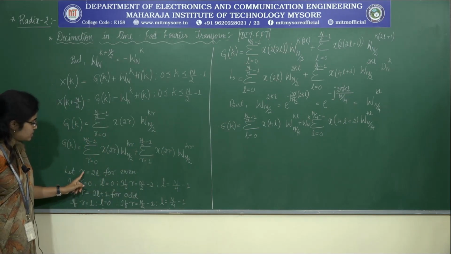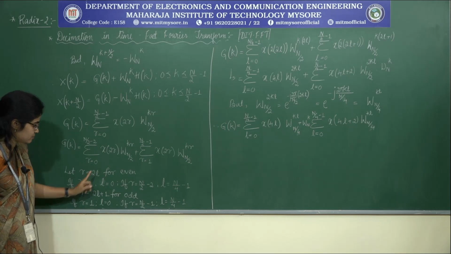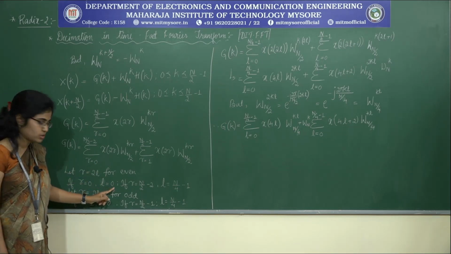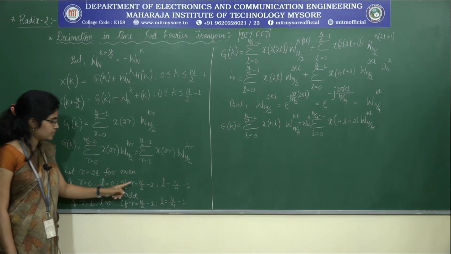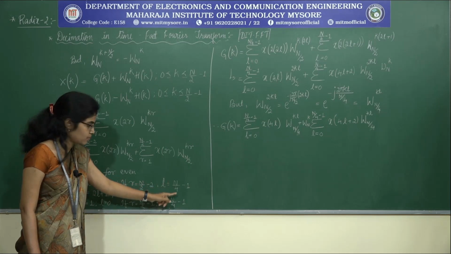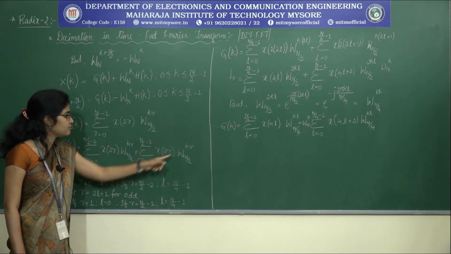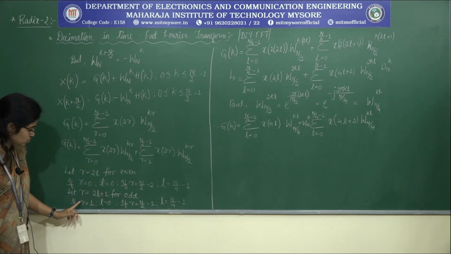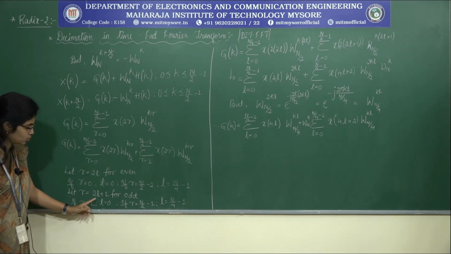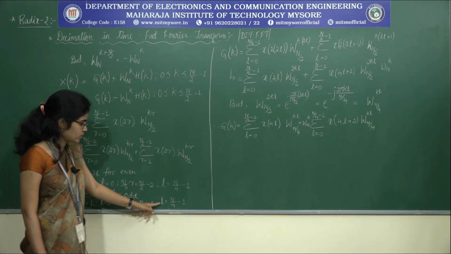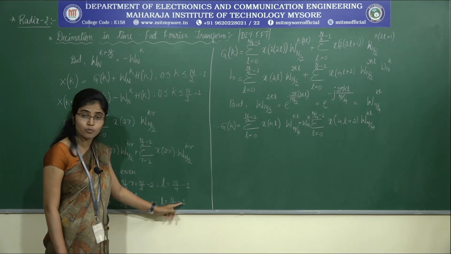So for even I am replacing it with r is equal to 2l. If so, if r is equal to 0, the lower limit l will be equal to 0. If I take the higher limit, that is if r is equal to N by 2 minus 2, l will be equal to N by 4 minus 1. Similarly for odd, let r be equal to 2l plus 1. So if r is equal to 1, l becomes 0. If r is equal to N by 2 minus 1, l will be equal to N by 4 minus 1.